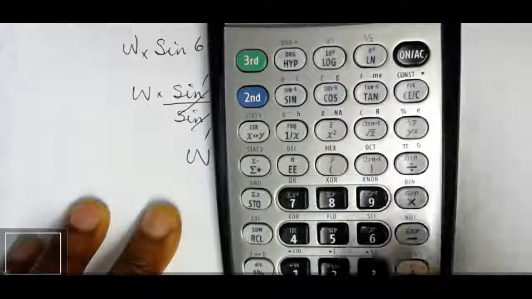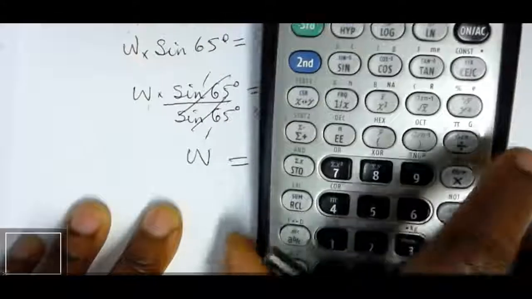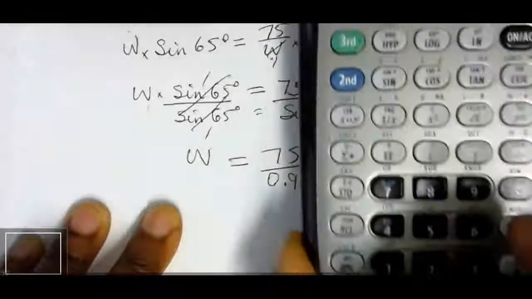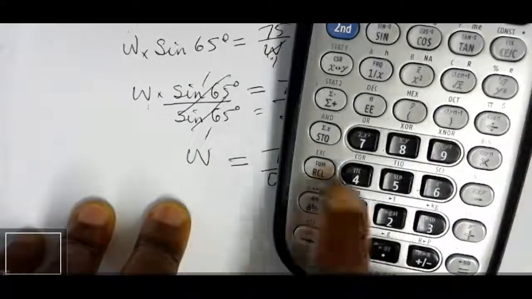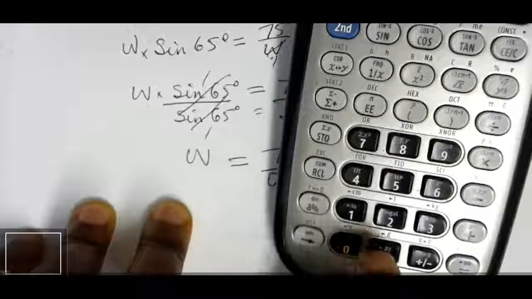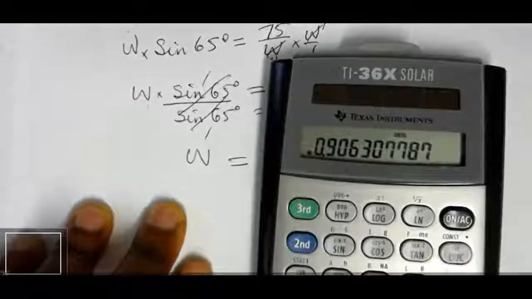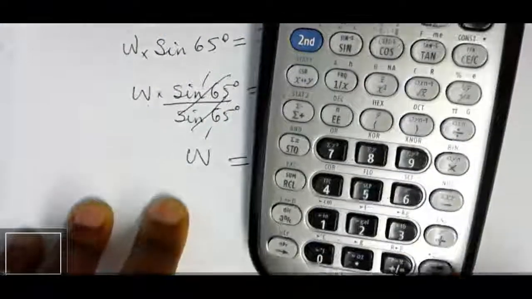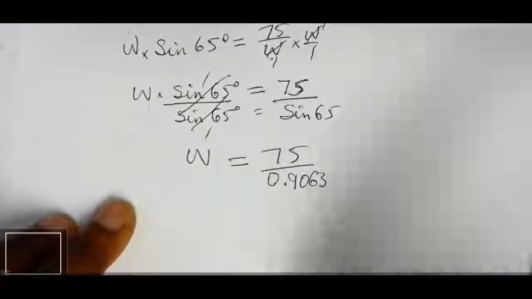So now we do 75 divided by, and then we go to recall the number we stored. So we recall 1. You pull up that number, and then we hit enter. If you hit enter, it's going to give us 82.7.